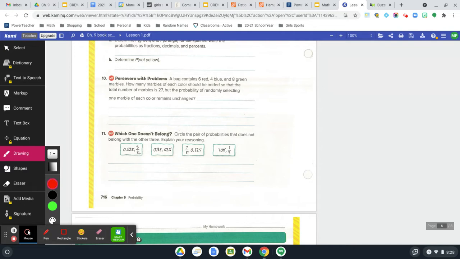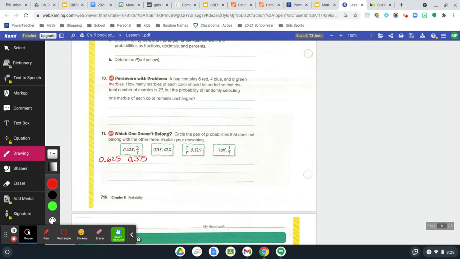So do 3 divided by 8 and see what you get for a decimal. And hopefully you see that 3/8 is 0.375. Now we're comparing that to 0.625. These are both on the same card, right? And now I have both of them in decimal format.